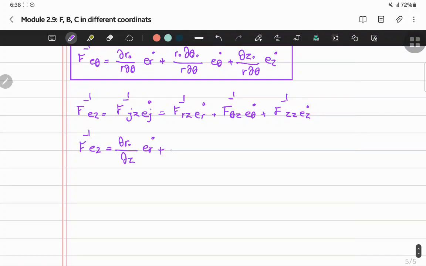So theta Z is R0, and then the partial derivative of Z0 with respect to Z, EZ0.